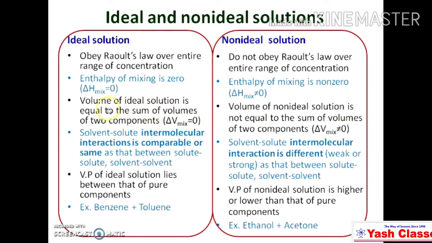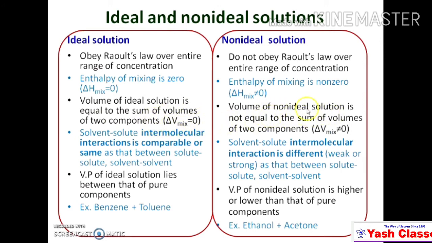So both the volumes we just add, that is volume of solute plus volume of solvent, gives the exact value of volume of solution. This is true for only ideal solution. That is, volume of ideal solution is equal to sum of volumes of two components, that is volume of solute and solvent. So delta V mixing is 0.